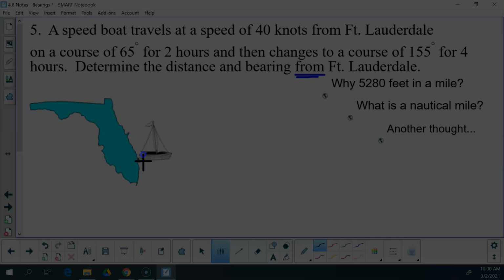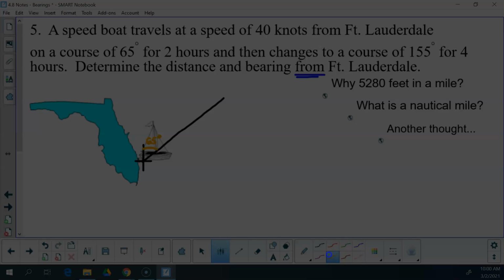So a speedboat travels at a course of 65 degrees. So this is shooting off like that, correct? With this angle here, let me make mine a little bit bigger. With this angle here being what? What's that angle? That's 65 degrees.